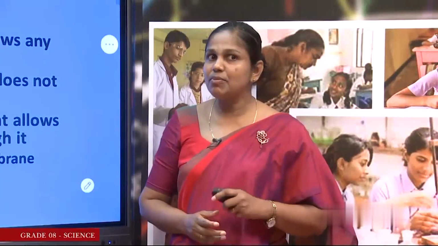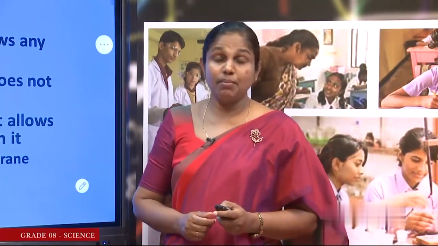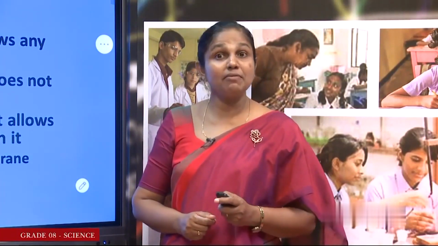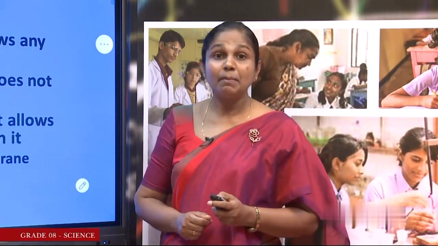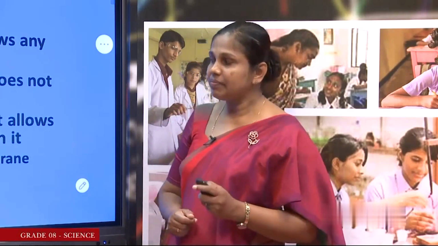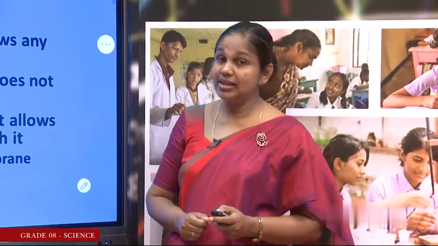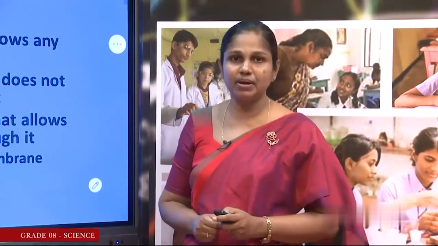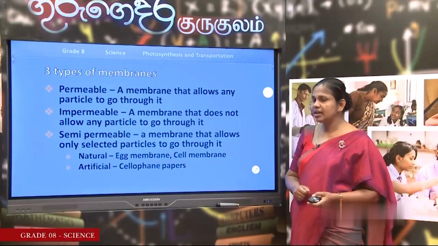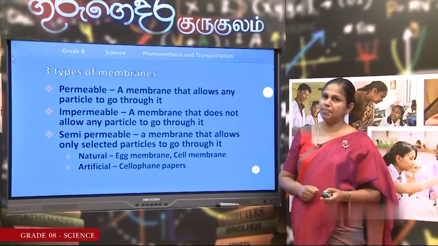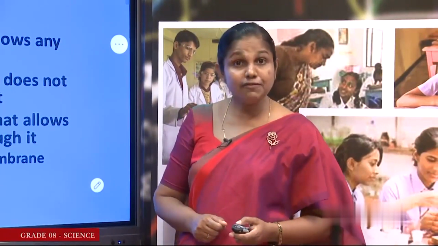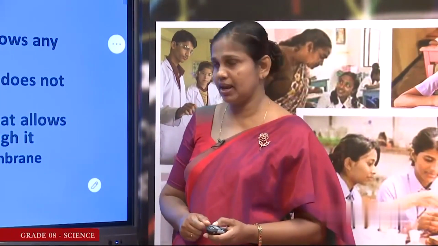When you try to remove the shell of a boiled egg, you can find a thin, very flexible membrane. That is called the egg membrane and it is a natural semi-permeable membrane. And as an artificial semi-permeable membrane, we can take cellophane paper. Cellophane paper can be used as an artificial semi-permeable membrane.